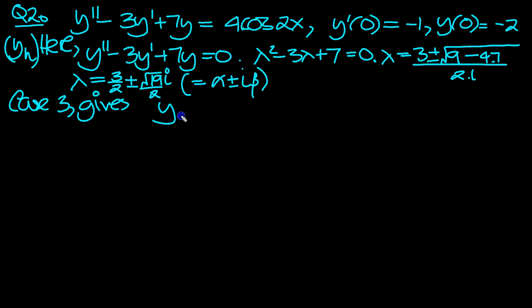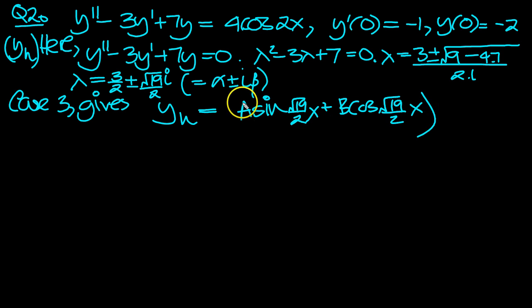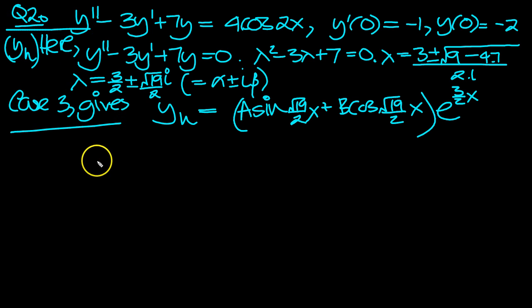So yh is equal to a sine root 19 over 2 times x plus b cos root 19 over 2 times x, all times e to the alpha x, isn't it? That's case 3. Alpha is 3 over 2 lots of x. So there's the line across the page. That was the homogeneous solution.